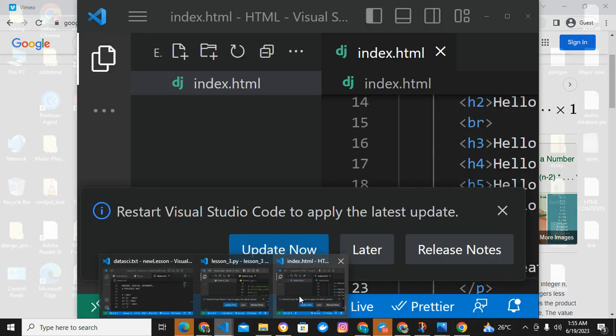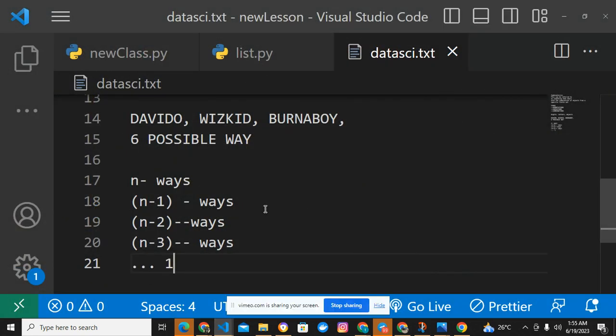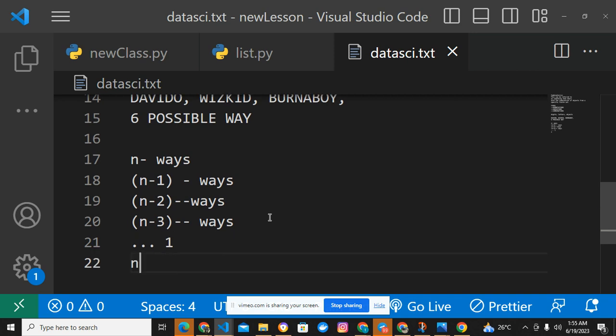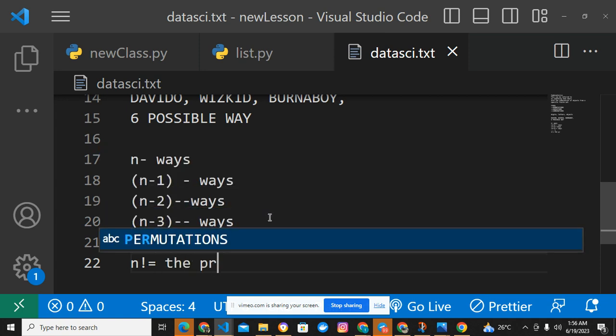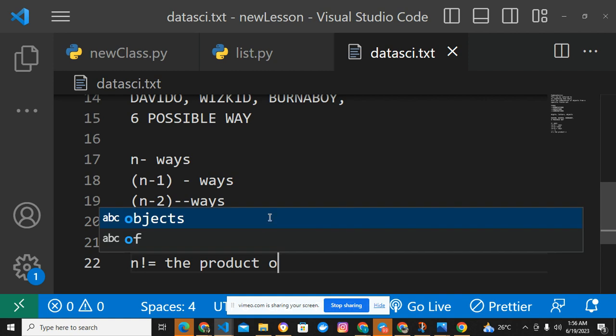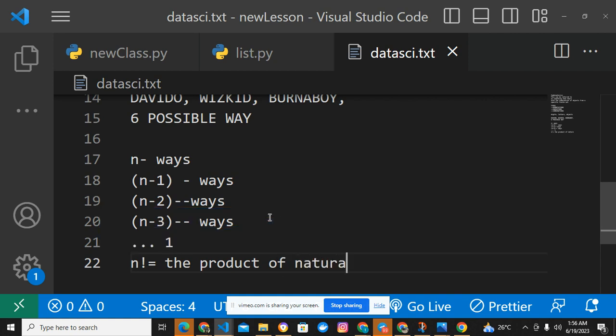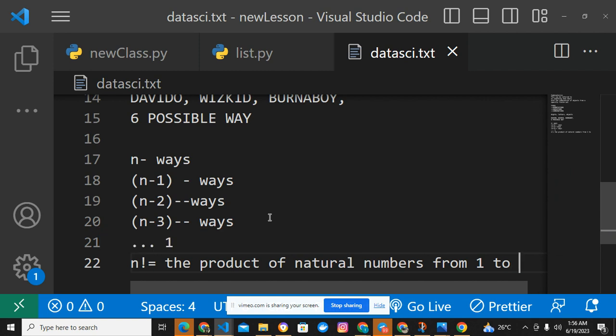To simplify it, we can say n factorial equals the product of natural numbers from 1 to n.